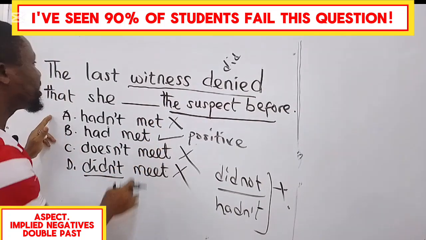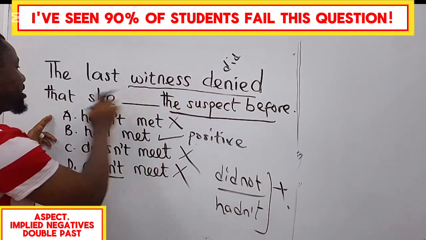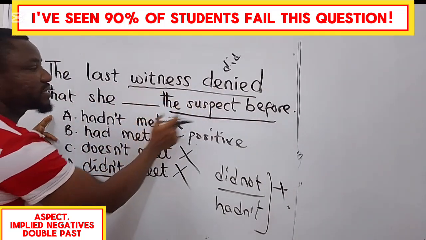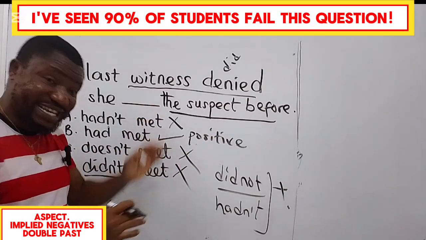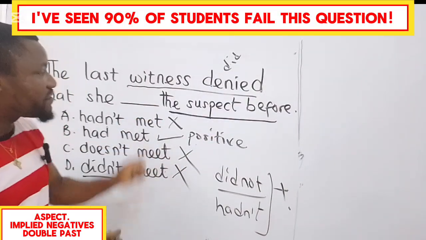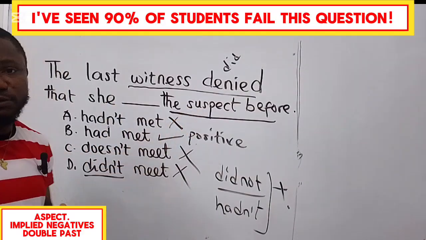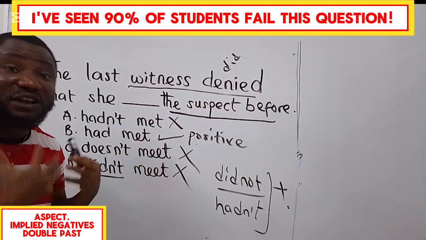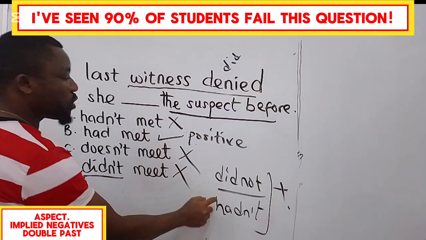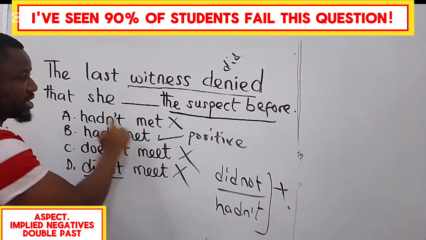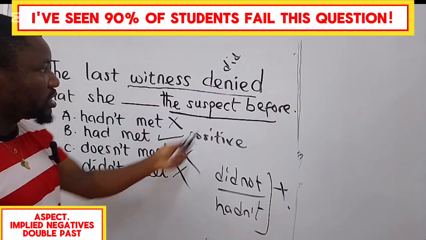So if you're saying the last witness denied that she hadn't met the suspect before, what this simply means is that this witness is confessing to have met the suspect before. That would be very self-incriminating. So that is why option A is actually very wrong.